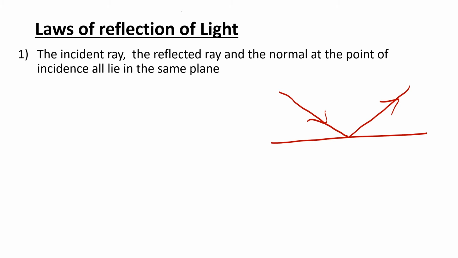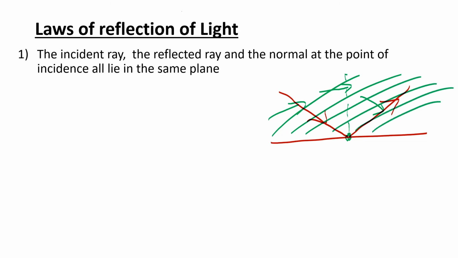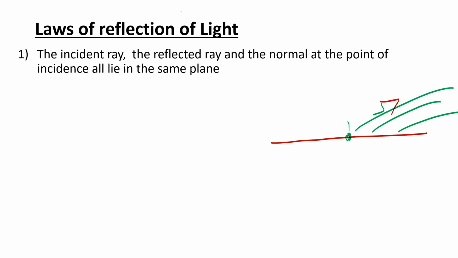The point of incidence is this point. You draw a perpendicular line at that point, which is called the normal. As you can see, this incident ray, this normal, and this reflected ray all lie in the same plane, this plane. This is the first law.